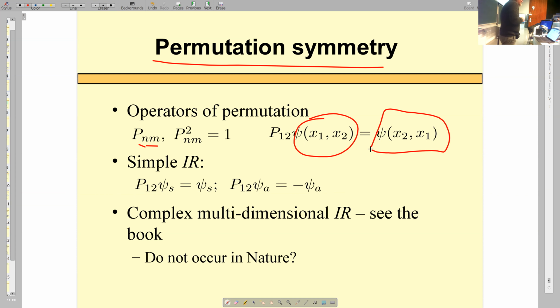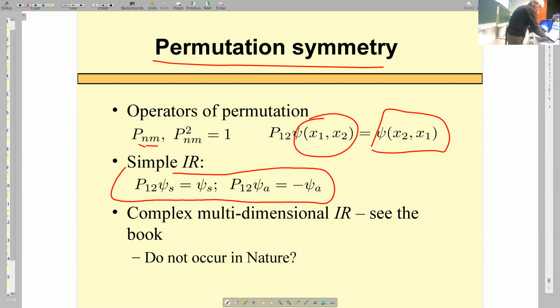We can figure out very quickly what are the simple irreducible representations of this group. First representation, and it always occurs, is a symmetric one. You do this to the wave function, it does not change at all.